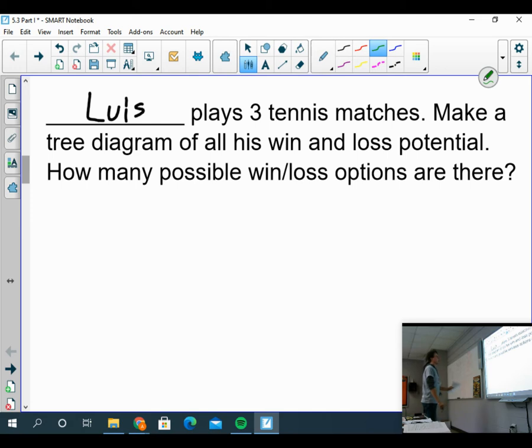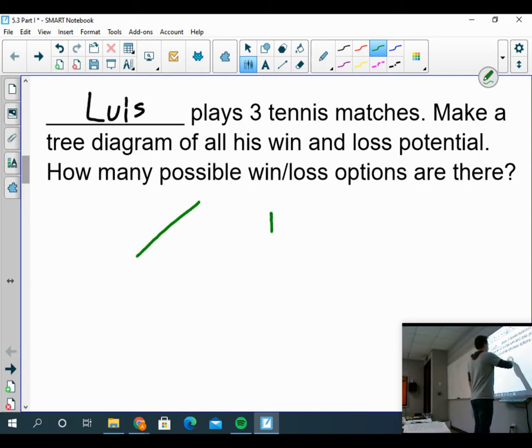Well, hopefully you've unpaused the video now and you took some time. So the question becomes, how do we make the tree diagram for this? Well, there are 3 different games, and each game has a different potential: win, loss, win, loss, win, loss. Okay? So how are we going to figure this out? Well, there are different ways we can set this up, but what seems to make sense is he plays a total of 3 tennis matches.